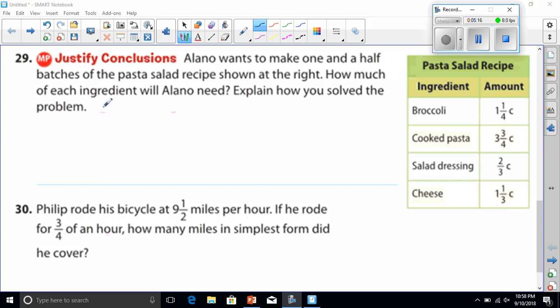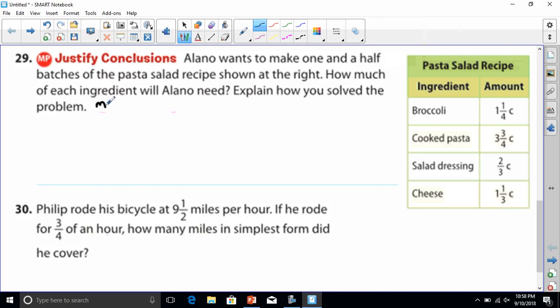So if I had to explain it, I would say multiply 1 and 1/2 to each ingredient.